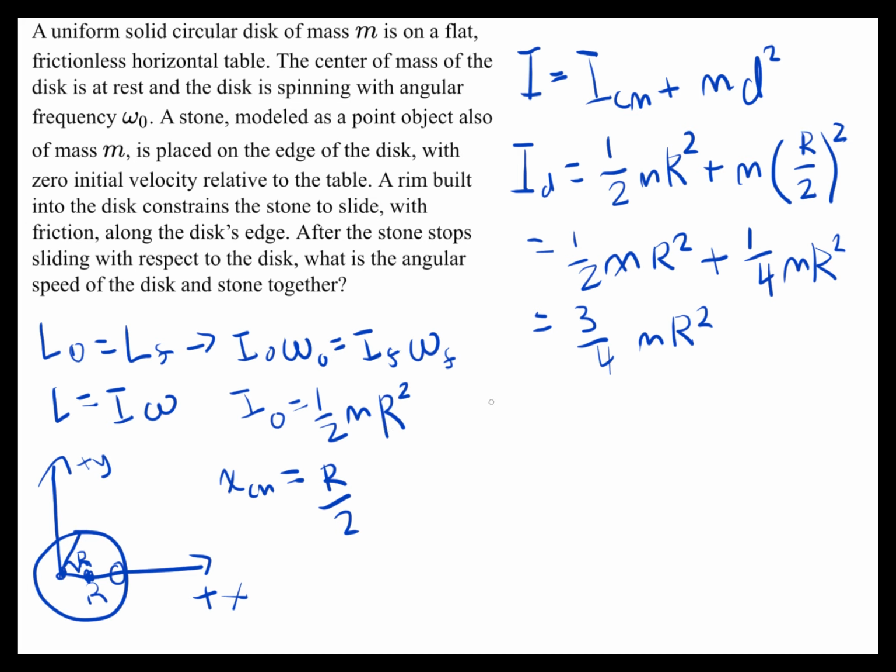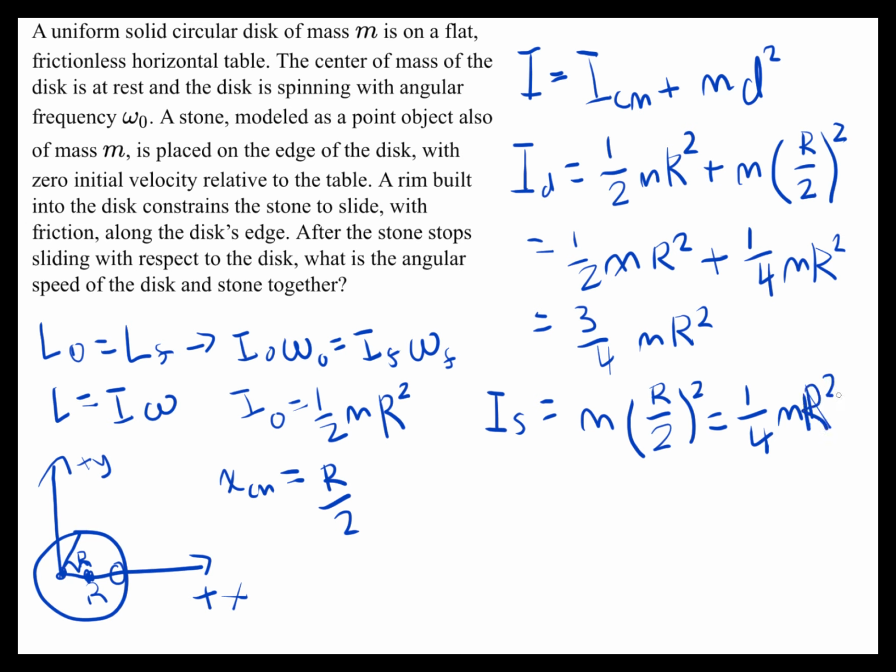We also need to calculate the moment of inertia of the stone. It is simply its mass times its distance to the rotation axis squared. In this case, it's half the radius away from the new center of mass, so its moment of inertia is 1/4 mr squared.